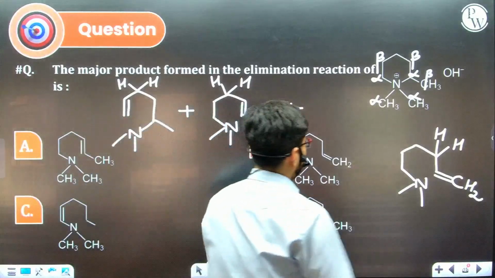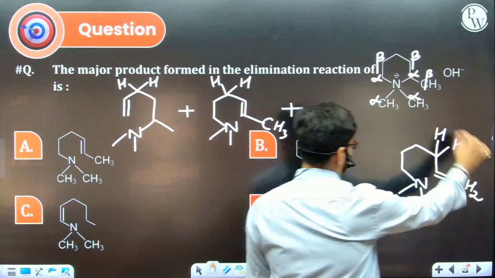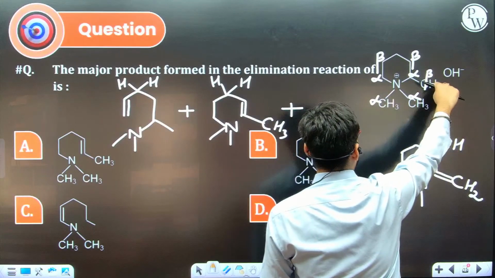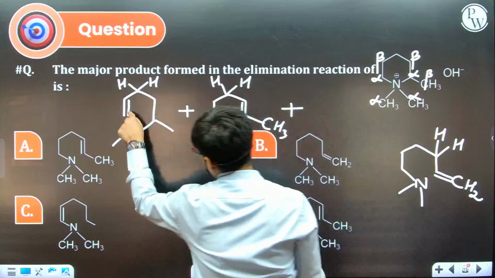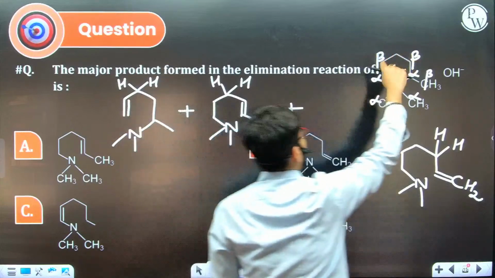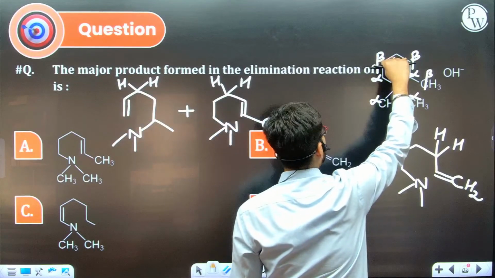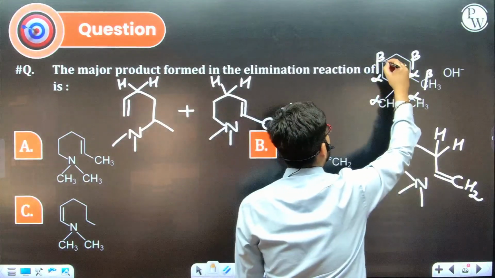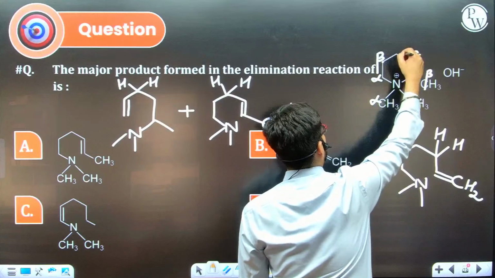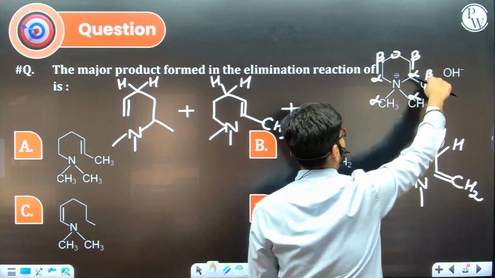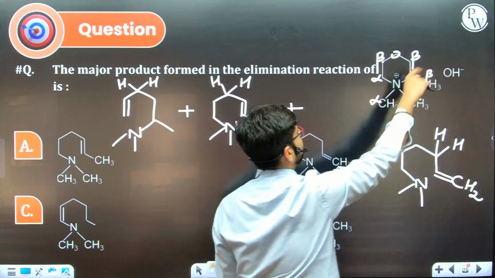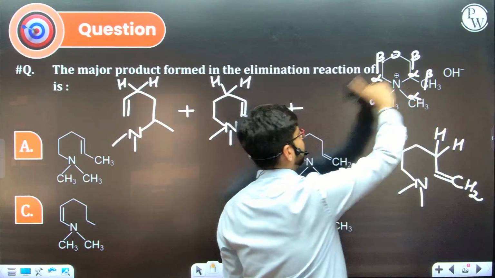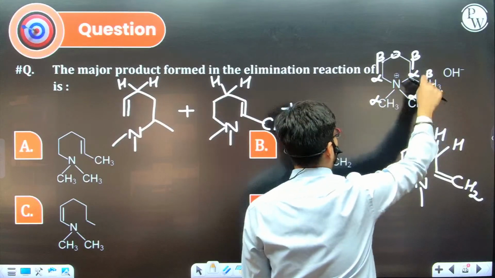See, when you form this product, you are taking out beta hydrogen from this carbon. When you form this product, you are taking out beta hydrogen from this carbon, right? Okay. Now, this carbon is further connected to one more carbon, that is this one. Whereas this carbon is not further connected to anything else. Which means, for the base, it is easier to remove hydrogen from this beta carbon.